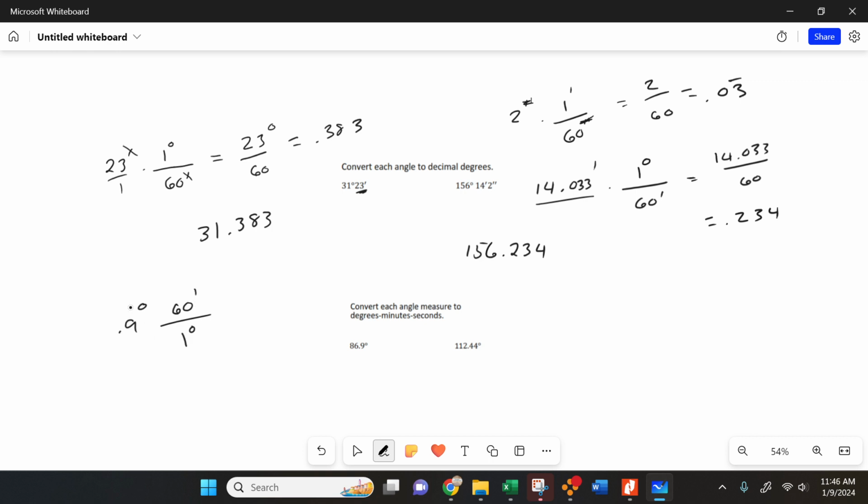We're going the other way because I need my units to cancel. So I've got 0.9 times 60. That's 54. So I'm done. These units canceled. I've got minutes left. So I've got 86 degrees, which was fine to begin with, and 54 minutes.